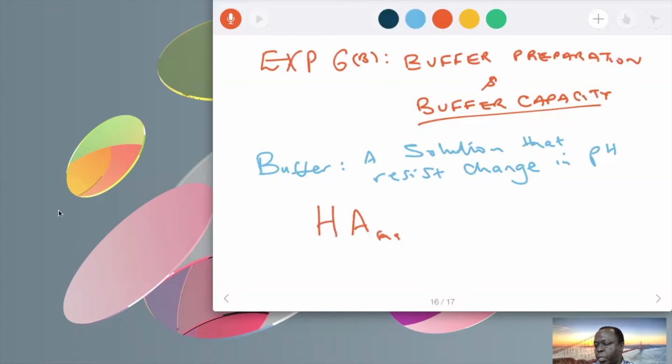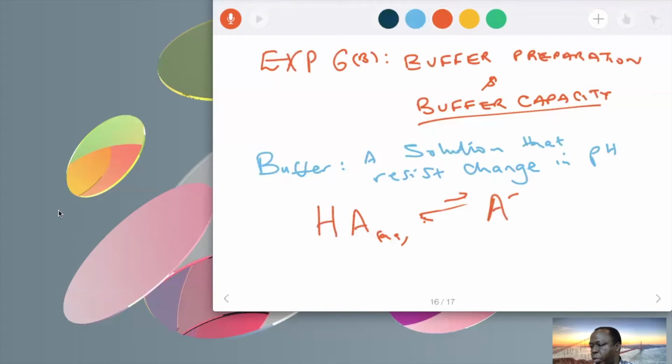This is a weak acid in equilibrium, or not really in equilibrium, but it doesn't want to go to the product side. So it's not in dynamic equilibrium, just like that.